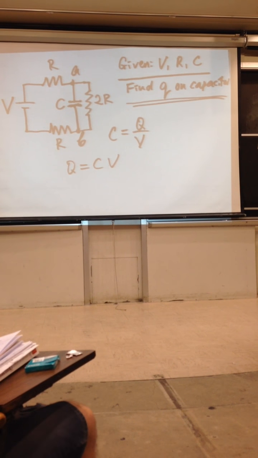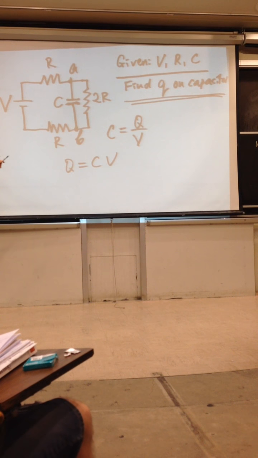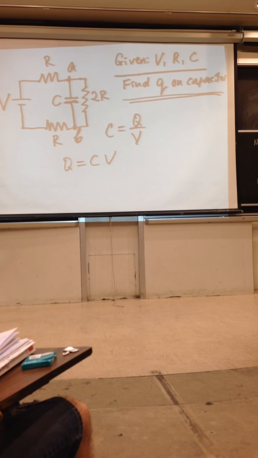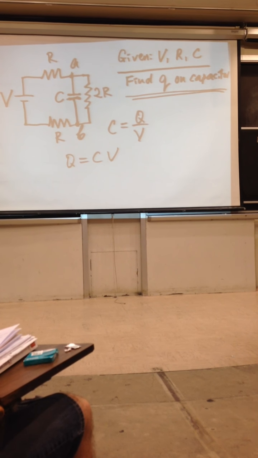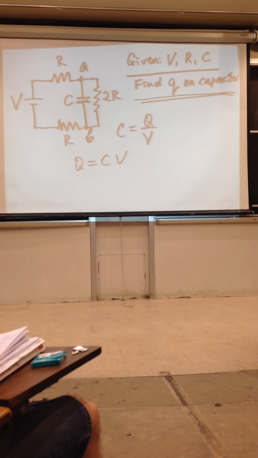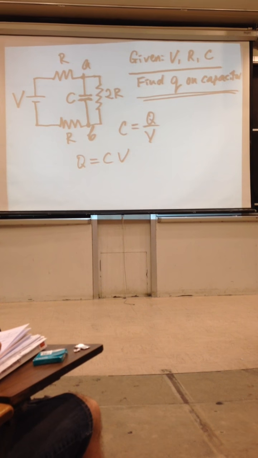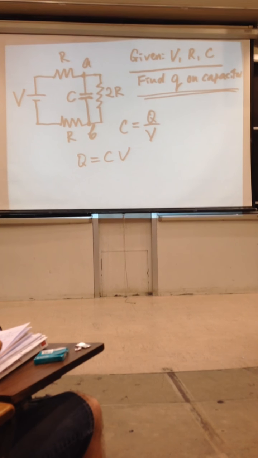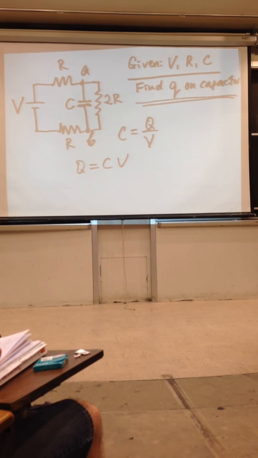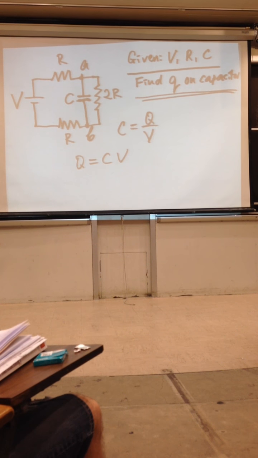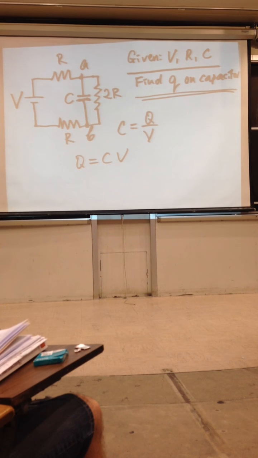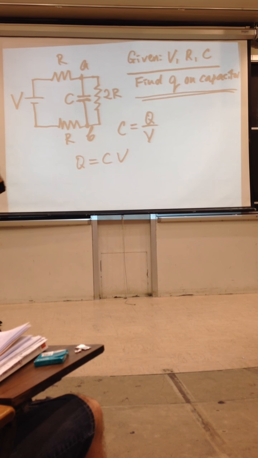Okay, that voltage drops on this resistor 2R. It is also the same voltage that drops on the capacitor. So how can you find that voltage? So you can determine the current. Okay, the current, total current, which is the same in all these three resistors.